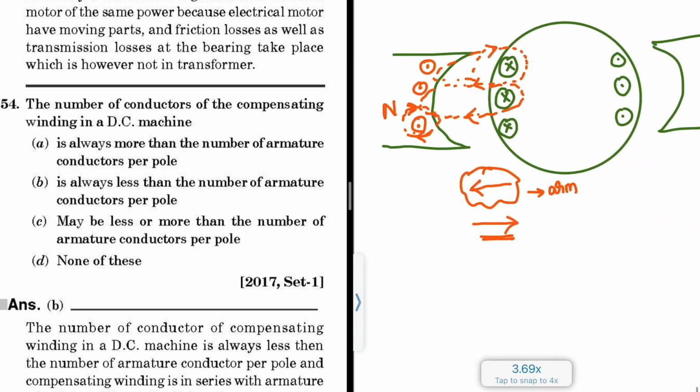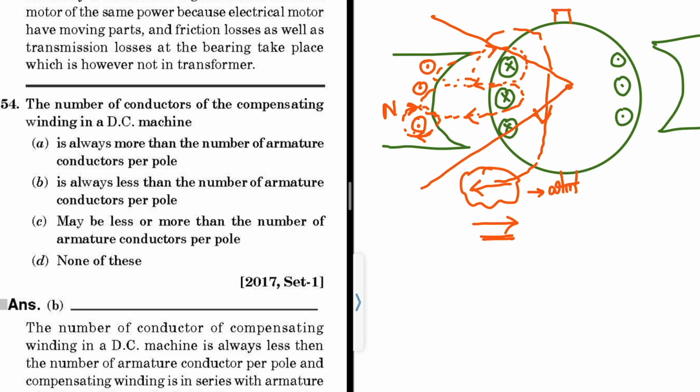So both will be cancelled out and the armature flux will be reduced. But the flux along the interpolar axis, some part of the flux like this also, cannot be reduced by the compensating winding. Because this compensating winding is provided in the pole faces, it is confined to the pole arc only, so this region will be confined.